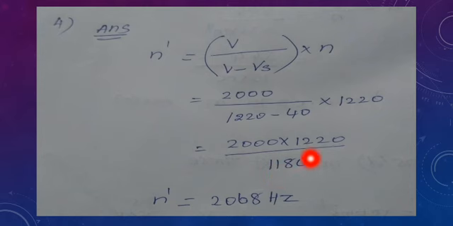If I simplify, I can get n dash, the apparent frequency heard by the observer, is 2068 hertz. So the answer for the fourth question is 2068 hertz. Okay, students.